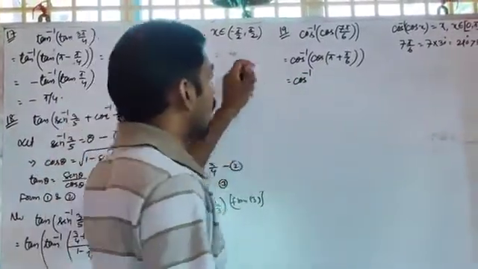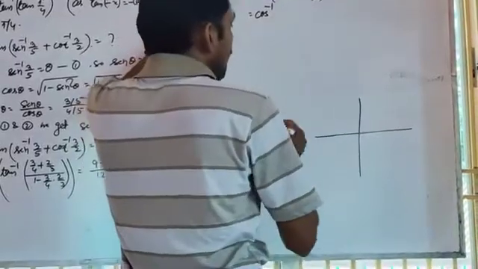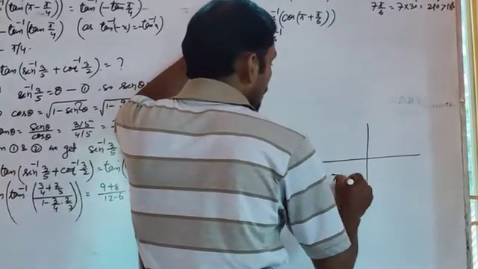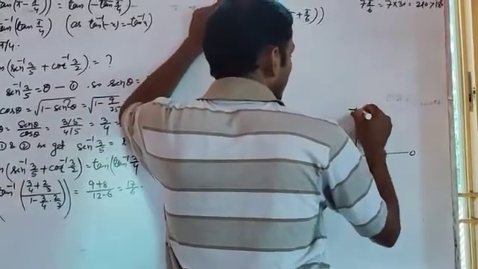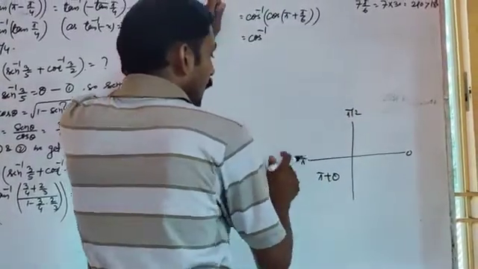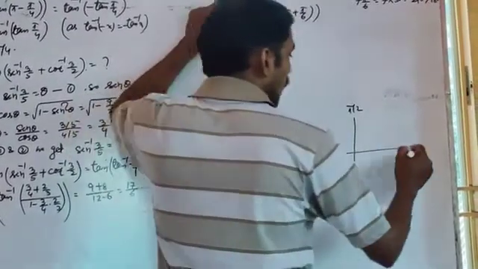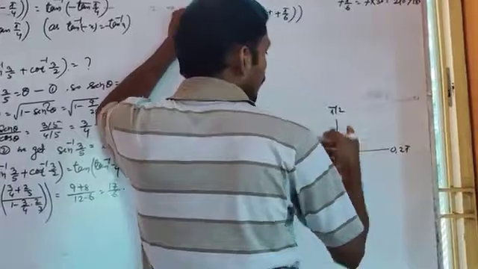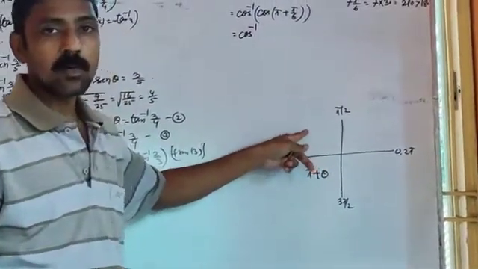Now again by ASTC rule, you see, this is pi plus theta, because this is pi, this is 0, this is pi by 2, pi, this is 3 pi by 2, and again 2 pi. Like this. So pi minus theta will be in the second quadrant.